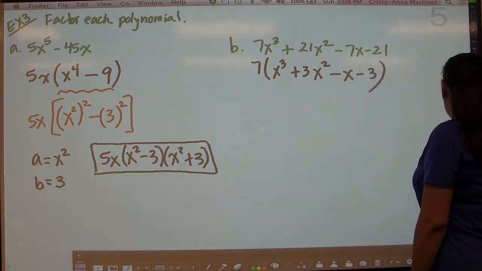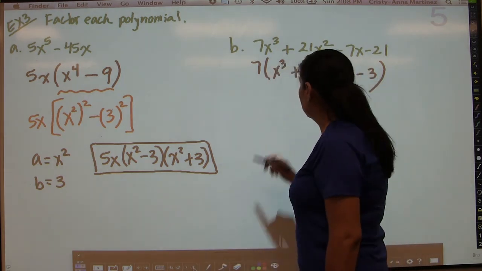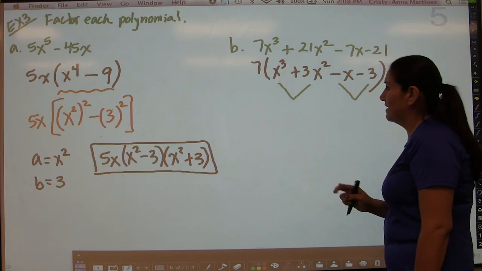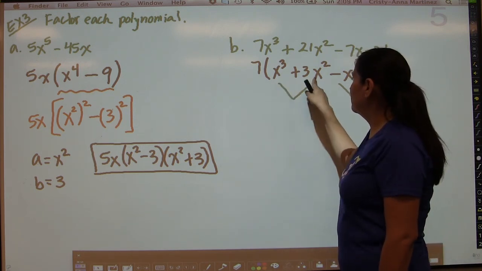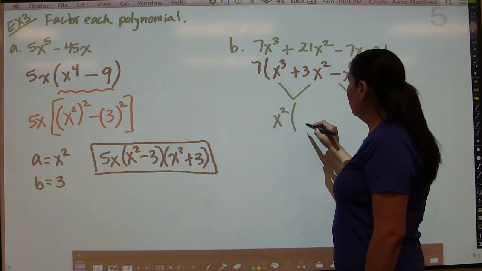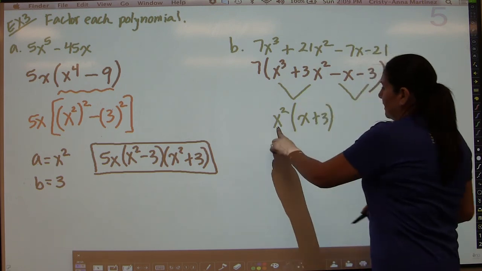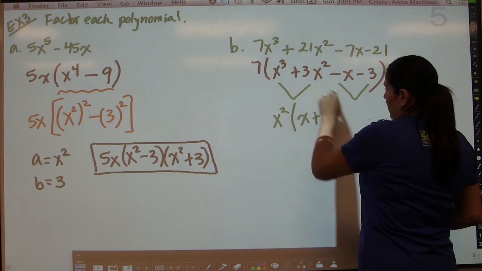Okay, then I want to attempt to do a factoring by grouping. So I want to take these two terms at a time. And in the first set of two terms, I notice they both have an x squared. So I factor out the x squared, and that leaves me with x plus 3, because x squared times x is x cubed, and x squared times 3 is 3x squared.